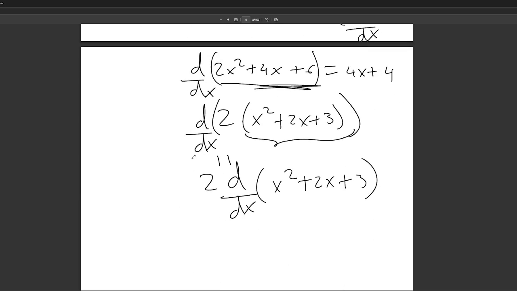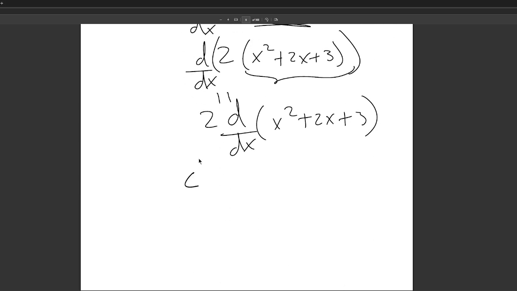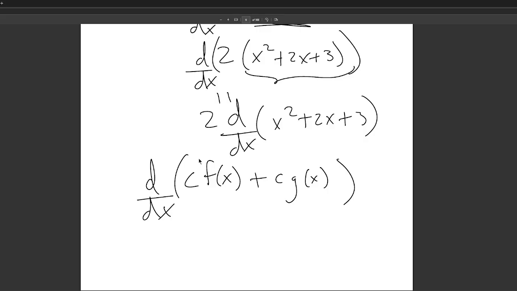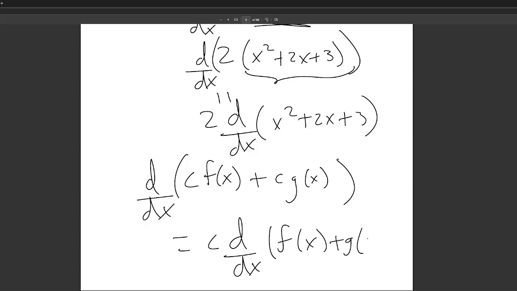So if you have something like c times f of x plus c times g of x, and you want to differentiate this whole thing, d dx, you pull the c out. So you can do c times d dx of f of x plus g of x.